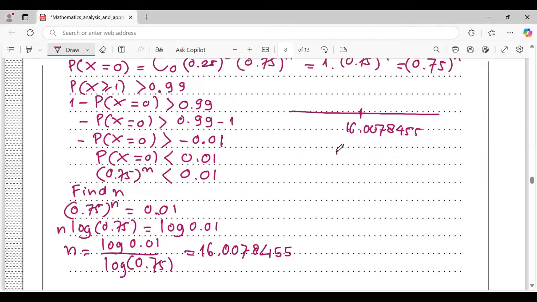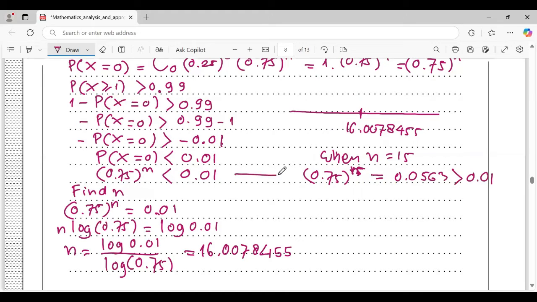When n equals 15, according to this inequality, it will be 0.75 power 15, which I have calculated is 0.0563, and this number is greater than 0.01.